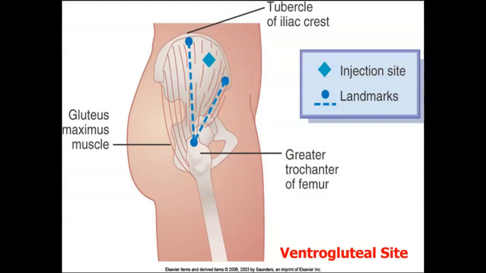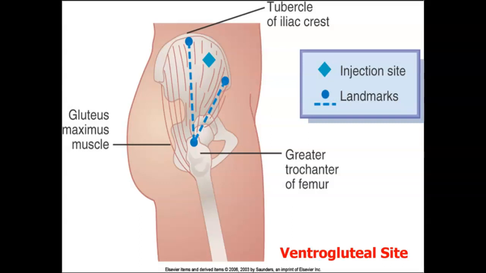Okay, so here is the ventrogluteal site, right, which is our preferred site. And again, you're going to take the opposite hand. So this is the right side of the patient. So literally what you're going to do is you're going to take the left palm and you're going to place it over that greater trochanter. So you're going to put your left palm over that.